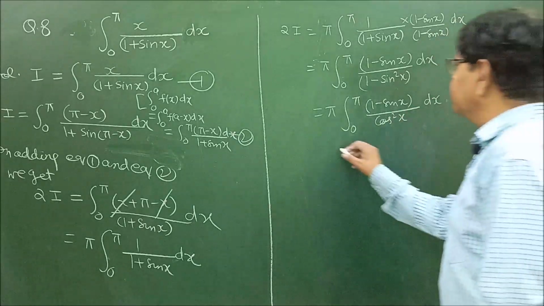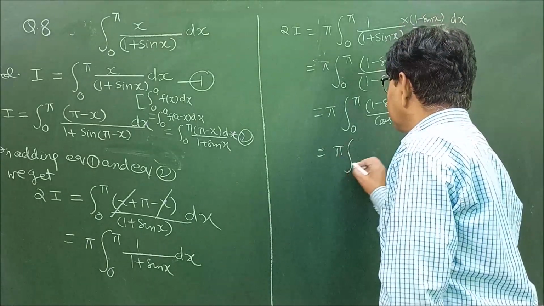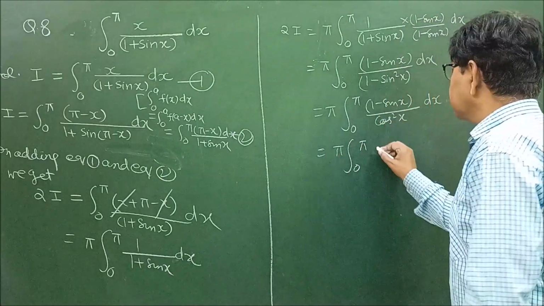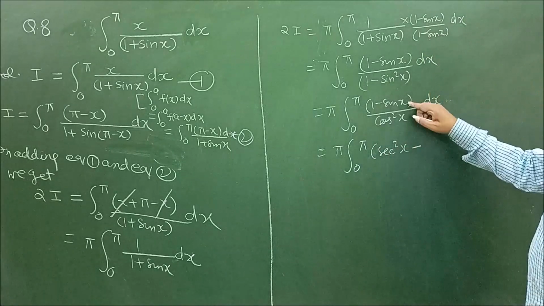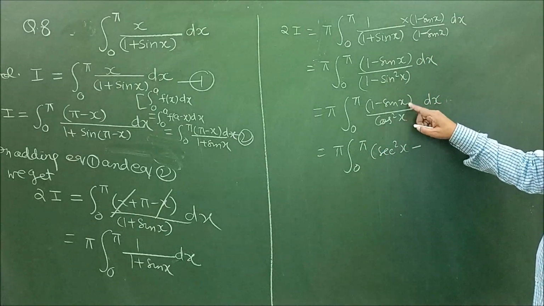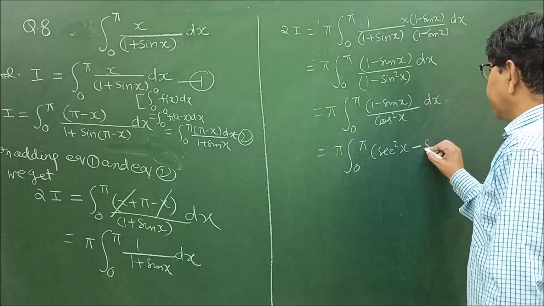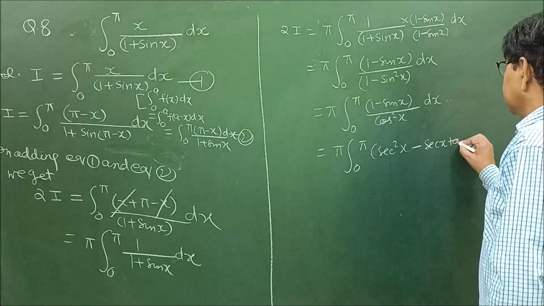Which is equal to pi, 0 to pi, 1 upon cos square x is sec square x, minus sin x upon cos square x. Sin upon cos is tan, into 1 upon cos is sec x, so sec x tan x dx.